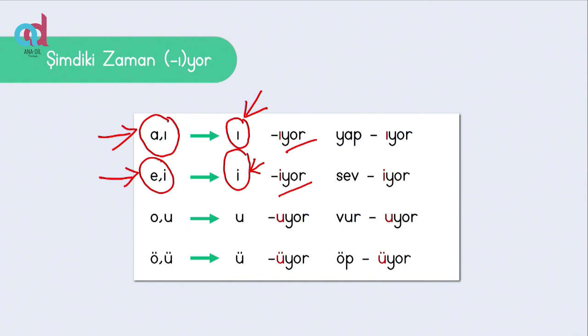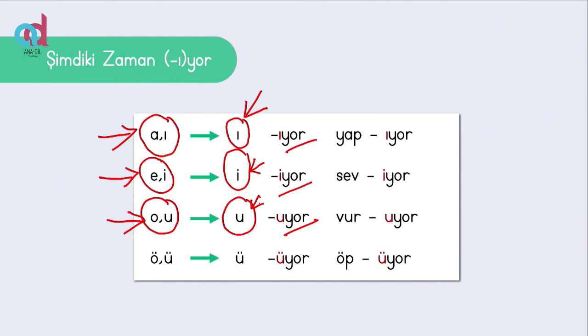If the last syllable of the verb root has the open vowel o, u, then our şimdiki zaman suffix yor has to start with u.